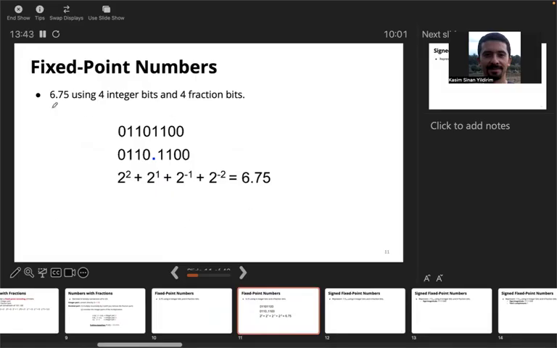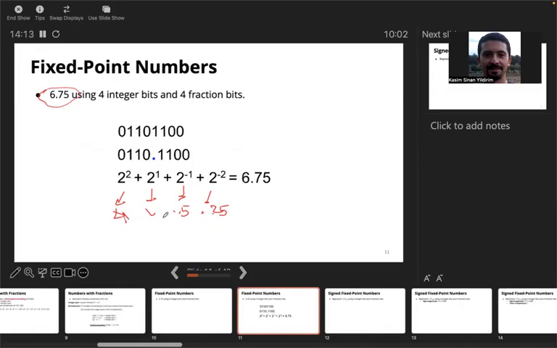Also, if you write this number, what is that? This is 4 plus 2, plus 0.5 plus 0.25. You can also cross check, and this is the number that we will obtain if you make the conversion.